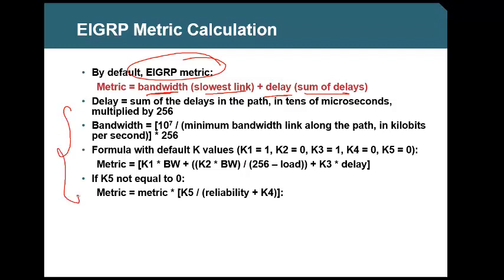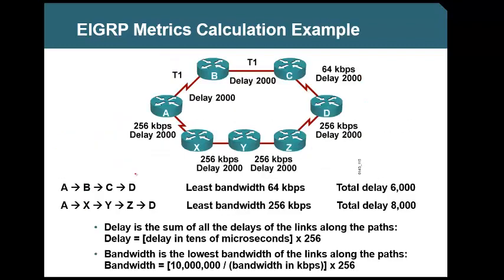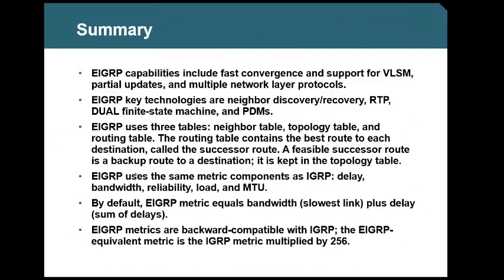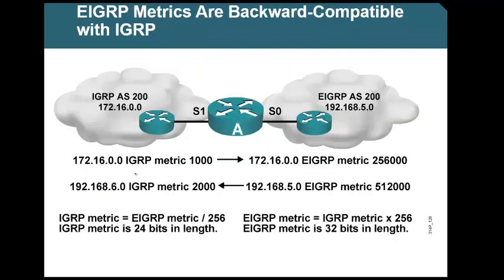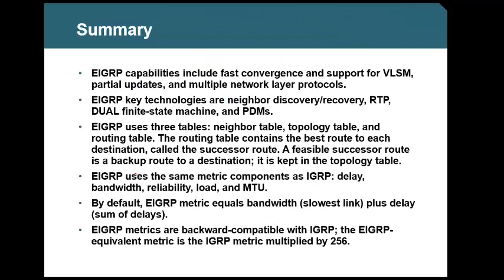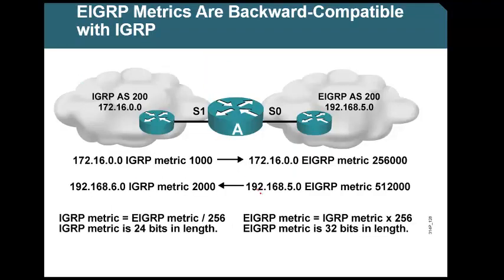Alright, so I think only a few things I'm skipping for tomorrow. We have finished this chapter. So this one is about compatibility between IGRP and EIGRP. As I told you, EIGRP uses 32-bit, IGRP uses 24-bit. So if you want to convert EIGRP into IGRP, you divide by 256.